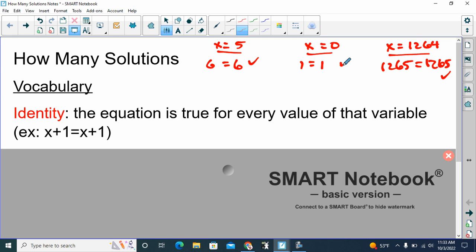That is a solution. Anything you plug in for x, you can plug in -9, say -8 equals -8. That's a solution. Every value of the variable makes the equation true is called an identity. When that is the case, we state that there are infinitely many solutions. We have an infinite number of solutions.